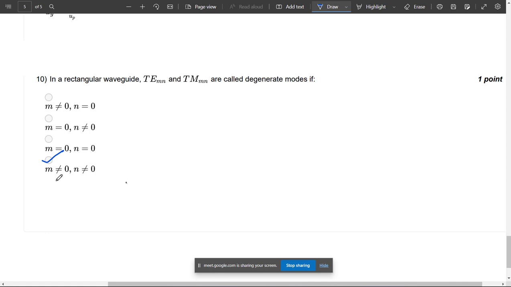If any of these is equal to 0, then it's possible that the cutoff frequency won't be the same. Basically, those modes where cutoff frequency is the same but have different field configurations are known as degenerate modes.